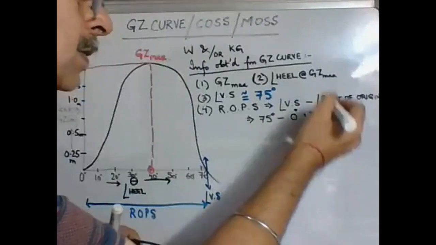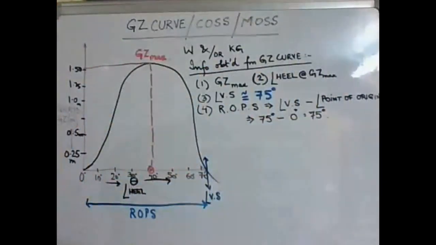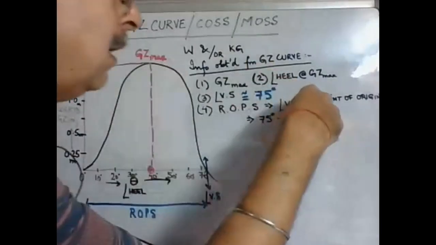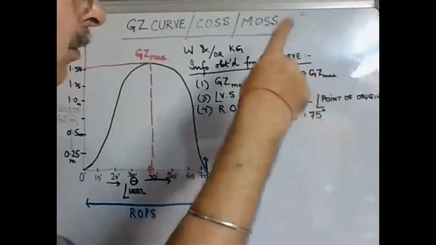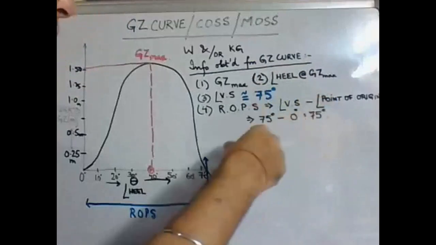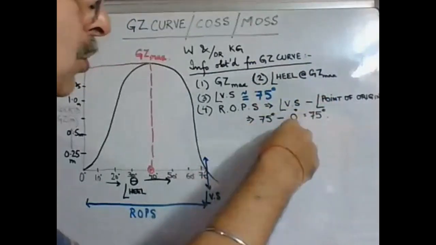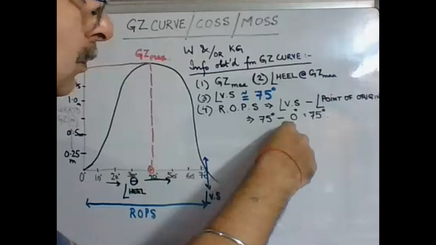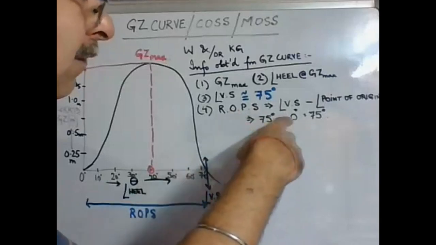In this particular example, point of origin is 0. So ROPS is equal to 75 minus 0.